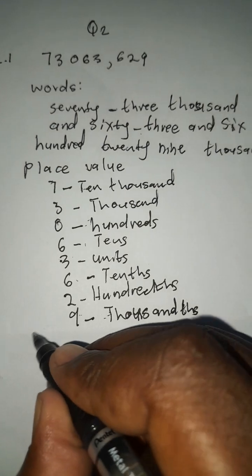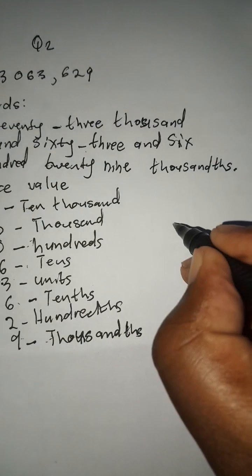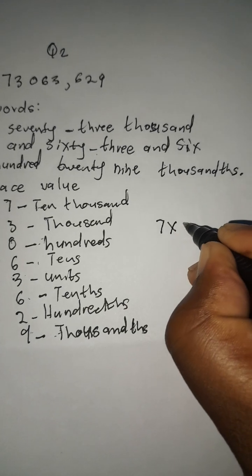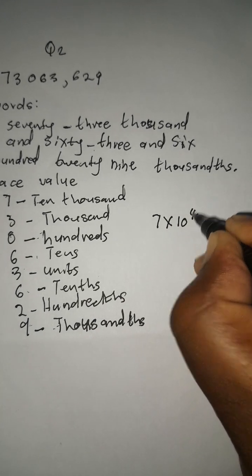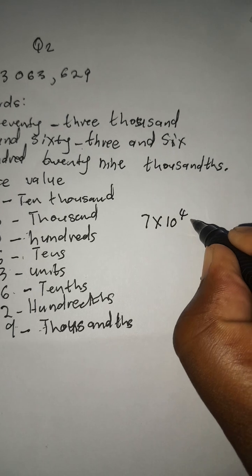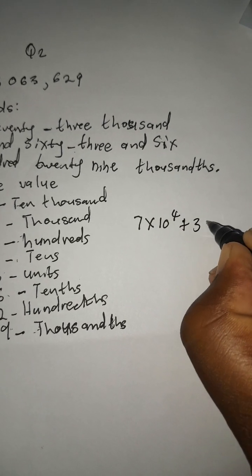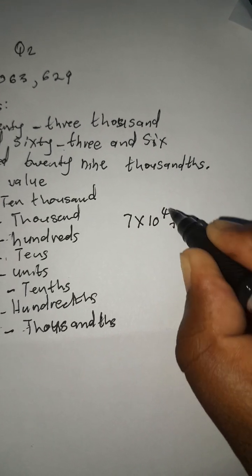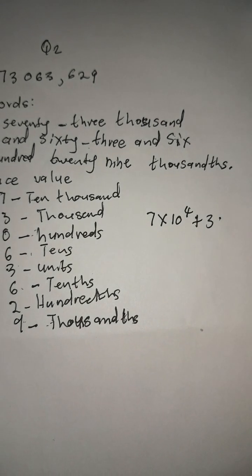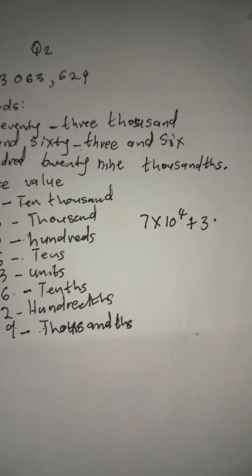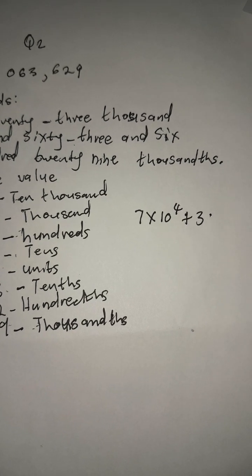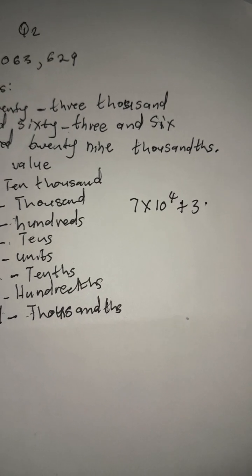So in terms of powers, what do we do? That will be 7 times 10 to the power of 4. Yes, you multiply by 10,000. The reason I multiply by 10 to the power of 4 is because 10 to the power of 4 is the same as 10,000.